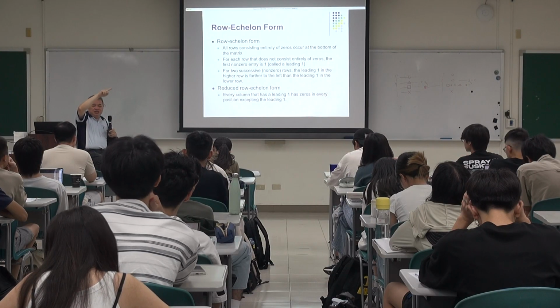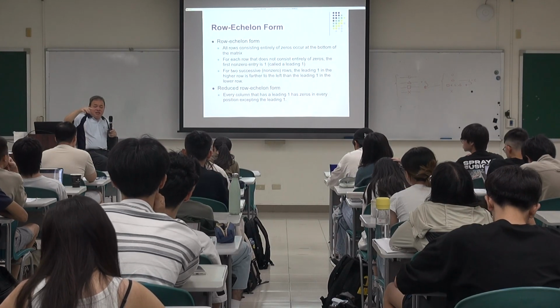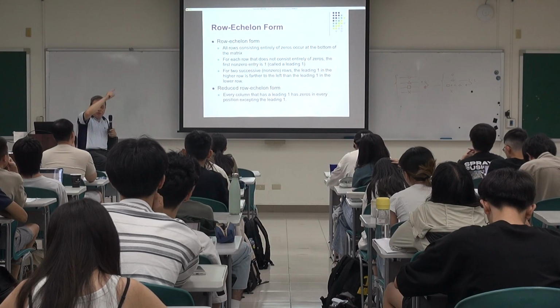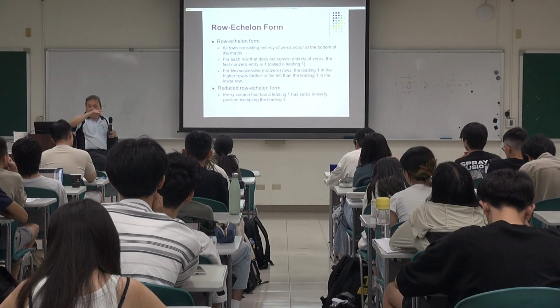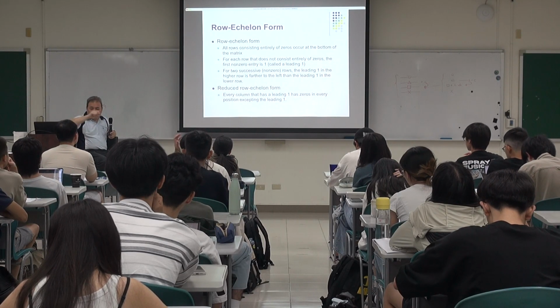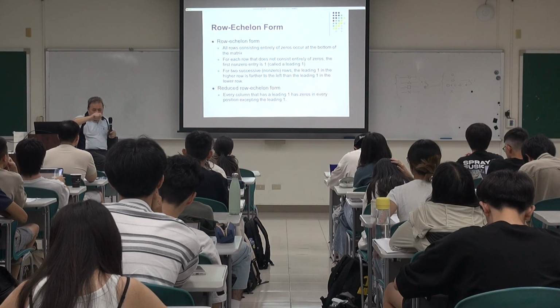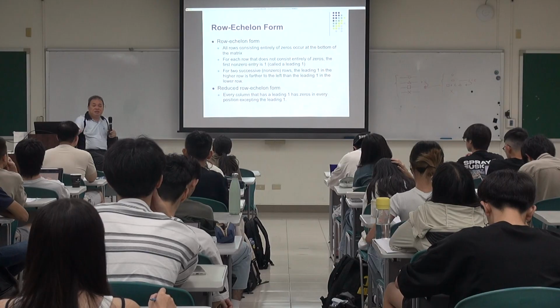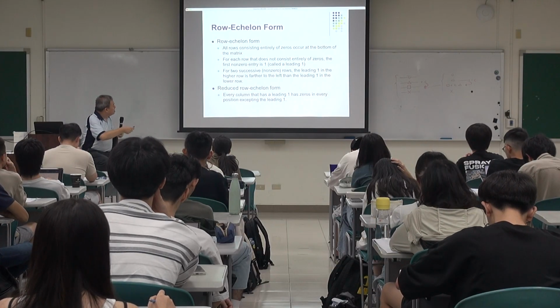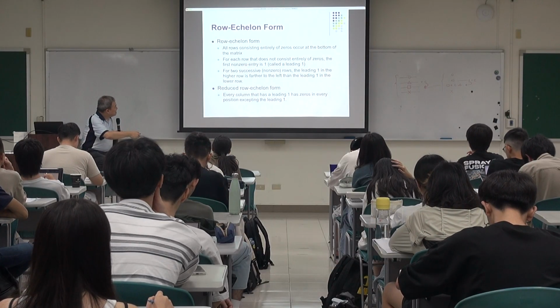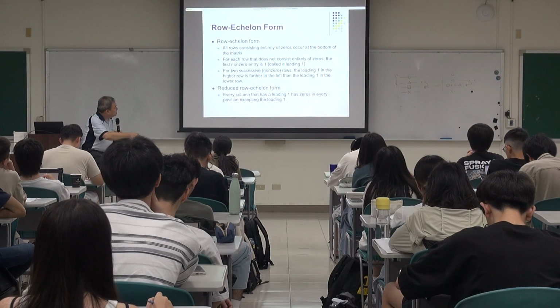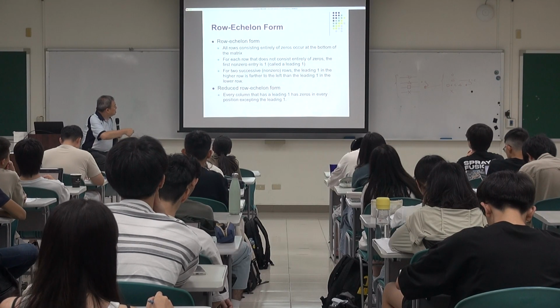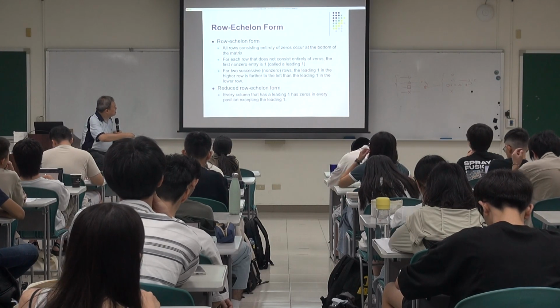It's like a ladder, right? Since the rows are all zeros, you can push them to the very end, right? So all those zeros, if all rows are zero, they must appear at the bottom, obviously. So for each row that does not consist entirely of zeros, the first non-zero entry is 1.